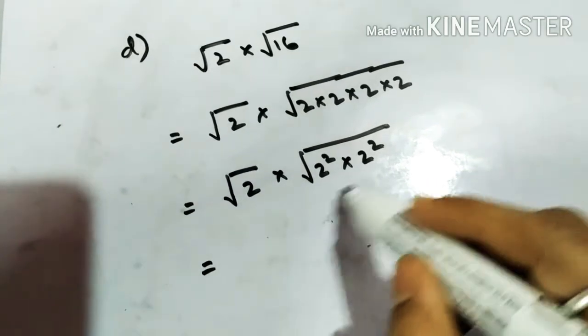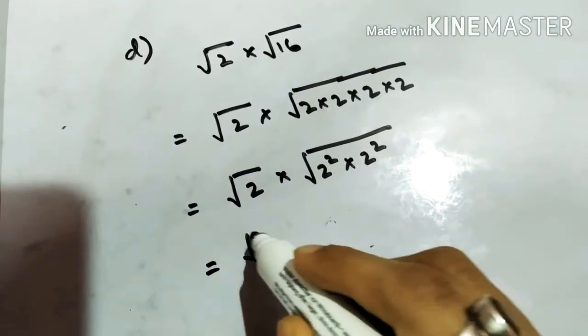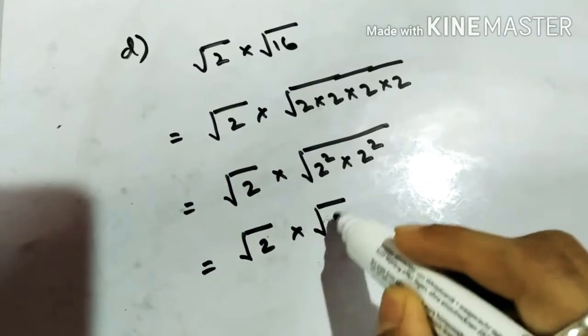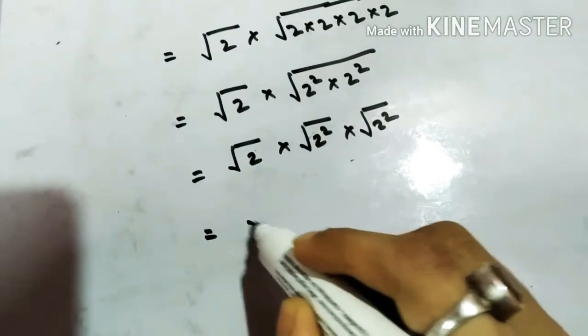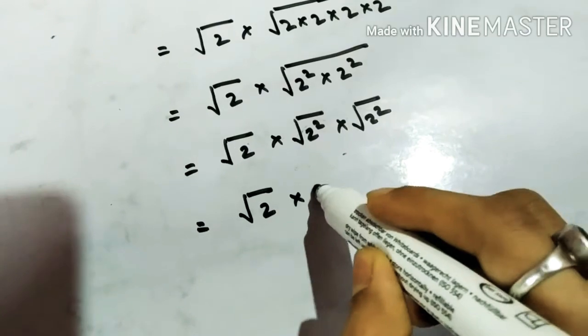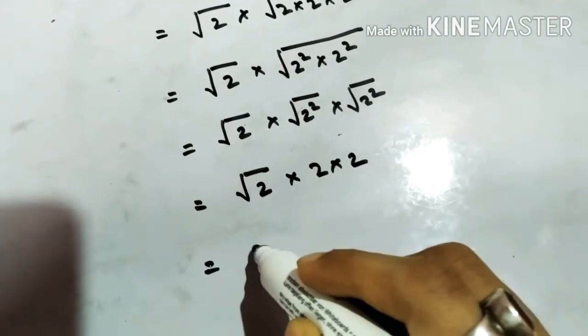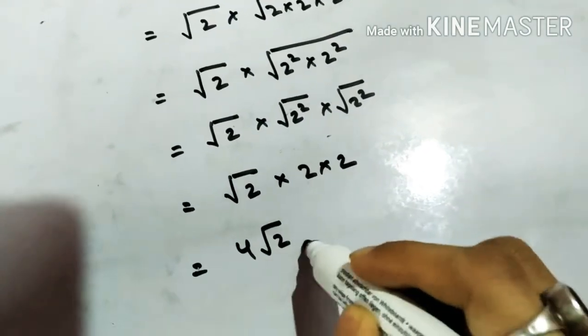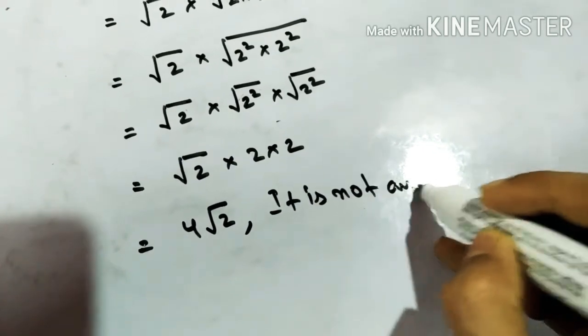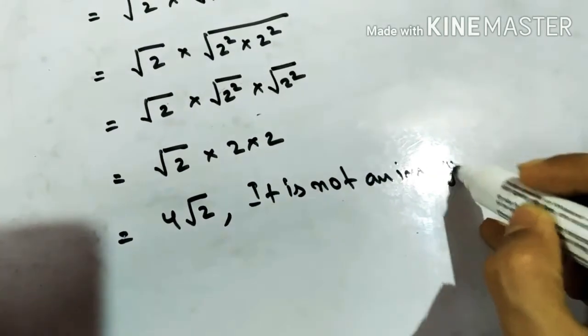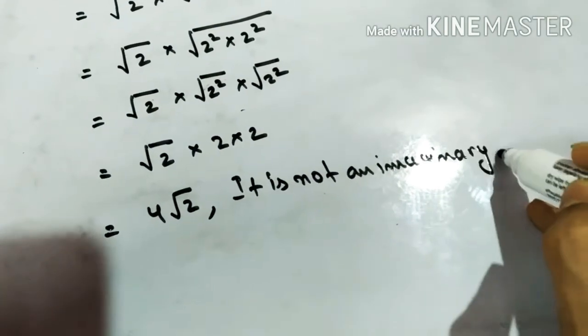So this becomes root 2 into root 2 square into root 2 square. Root 2 into 2, 4 root 2. It is not an imaginary number.